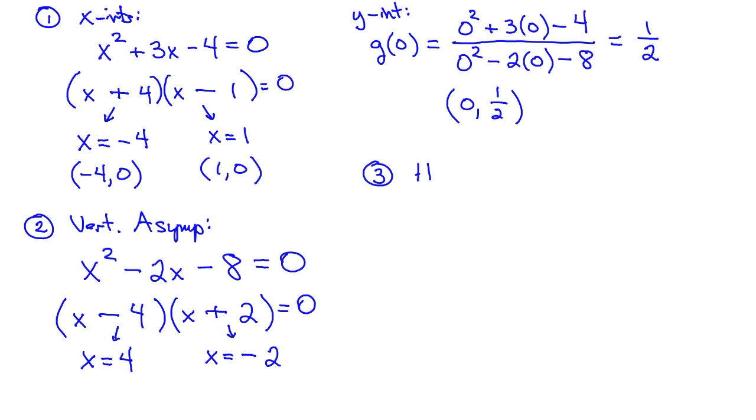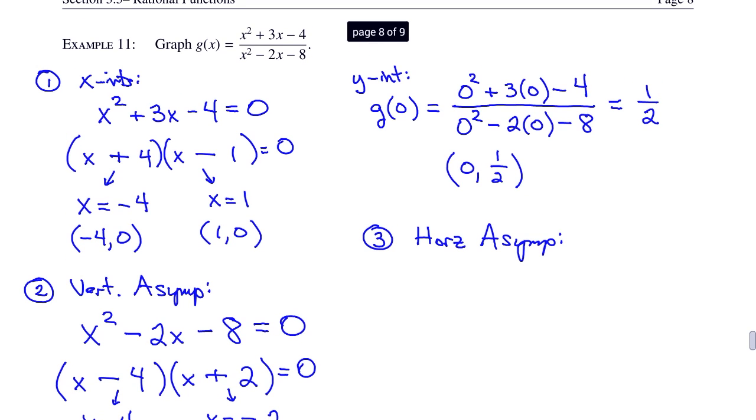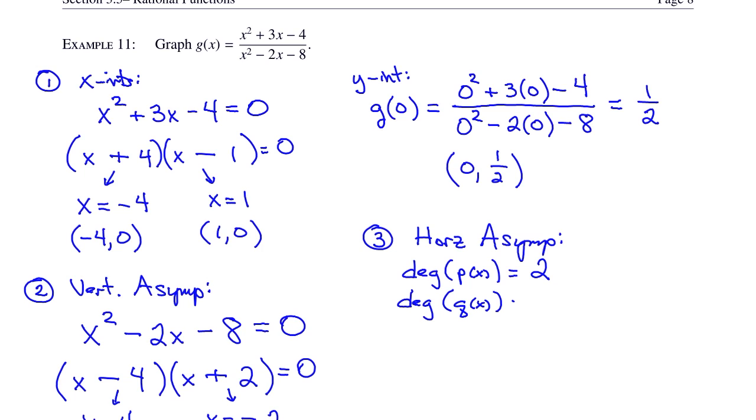Step 3, find the horizontal or oblique asymptote. To do that, we'll compare the degrees. So the degree of the numerator is 2. The degree of the denominator is also 2.